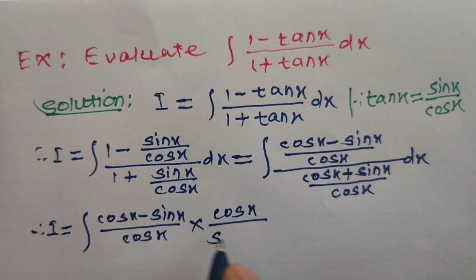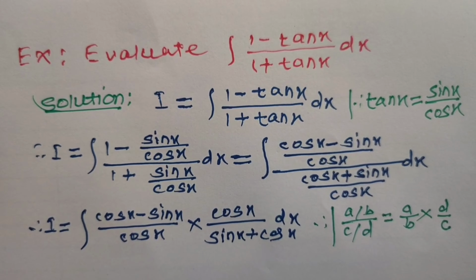Since a upon b divided by c upon d, we can write this as a upon b into reciprocal of c upon d, that is d upon c.